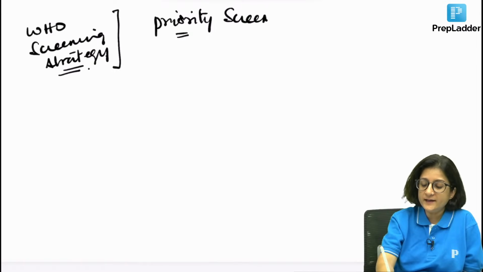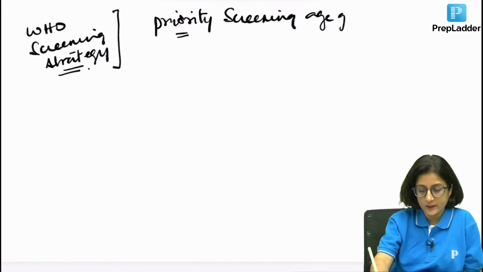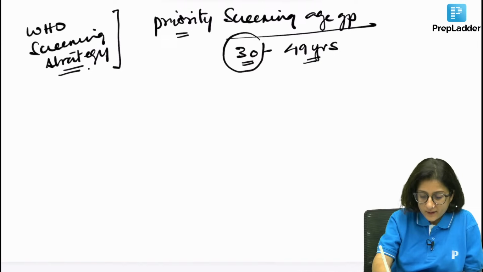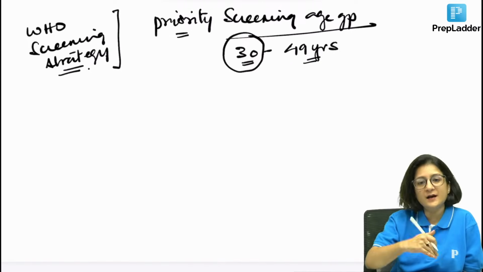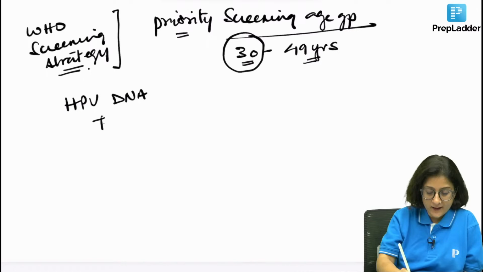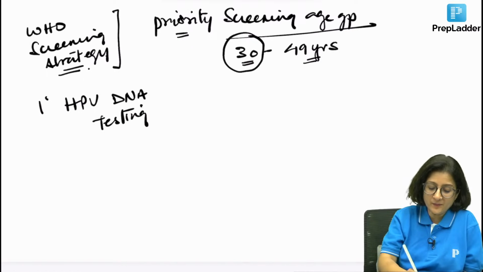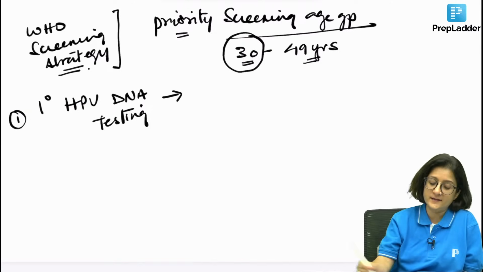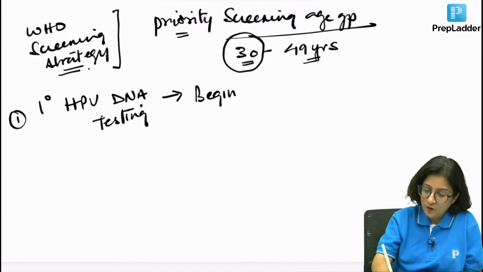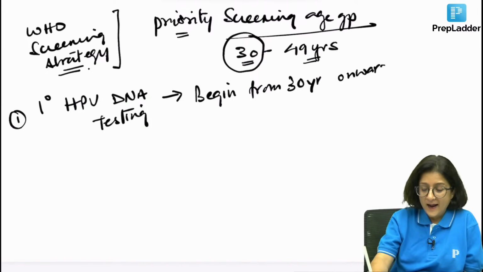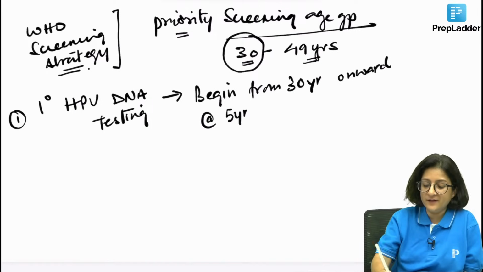The priority screening age group is 30 to 49 years of age. They are saying prioritize screening women who are 30 and beyond. Primary HPV DNA testing, meaning do only HPV DNA testing, begins from 30 years onwards, and it should be repeated every 5 years.